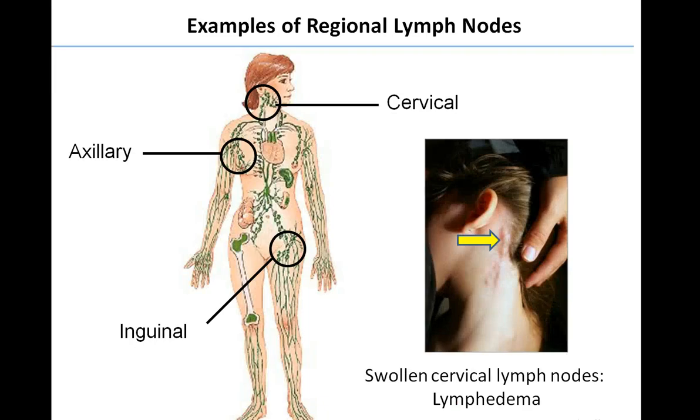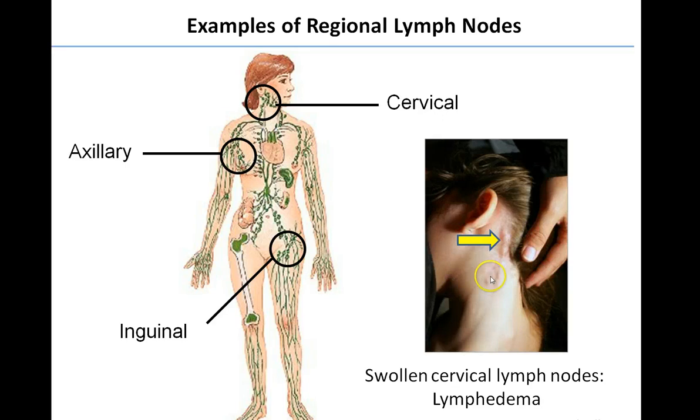As I mentioned before, you will typically find lymph nodes clustered in specific regions of the body. These areas tend to be where there's convergence of many of the lymphatic vessels. So in the inguinal region, the axillary region, you'll often see lymphatic vessels converging on those areas. So where this convergence is occurring, we cluster together lots of lymph nodes and look at the lymph as it's flowing through and purify and disinfect it.